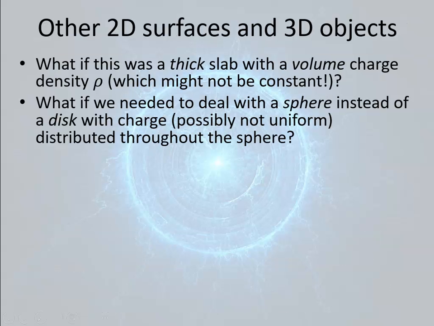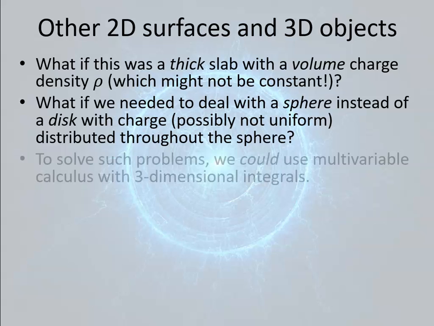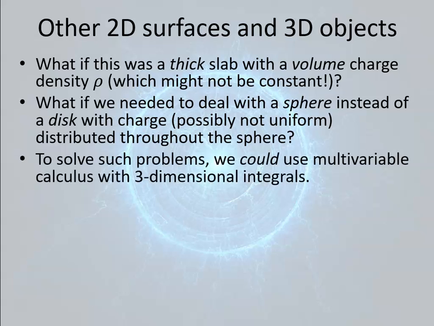Now, what about other 2D surfaces? What if it was a thick slab instead of an infinite plane? In other words, what if it wasn't a plane, it was a slab, and it had some sort of volume charge density? Or what if you needed to deal with a sphere instead of a disk of charge? Well, we have tricks that we can use for those.